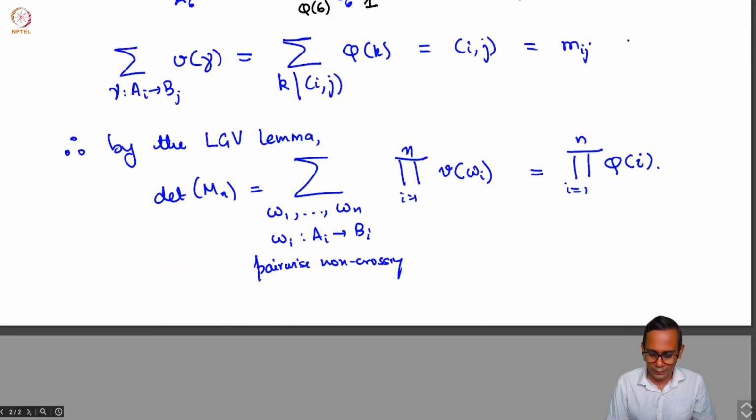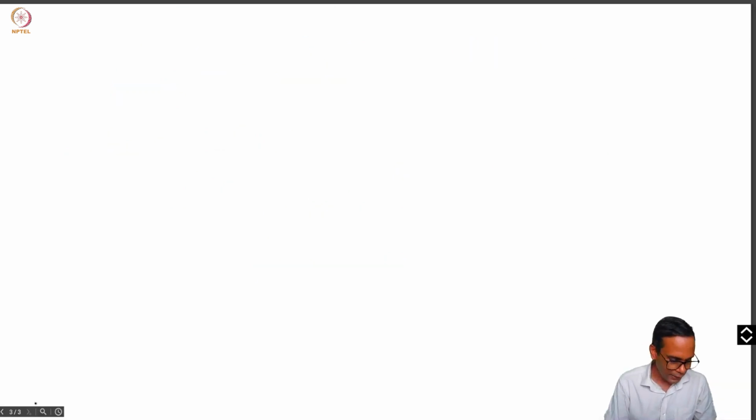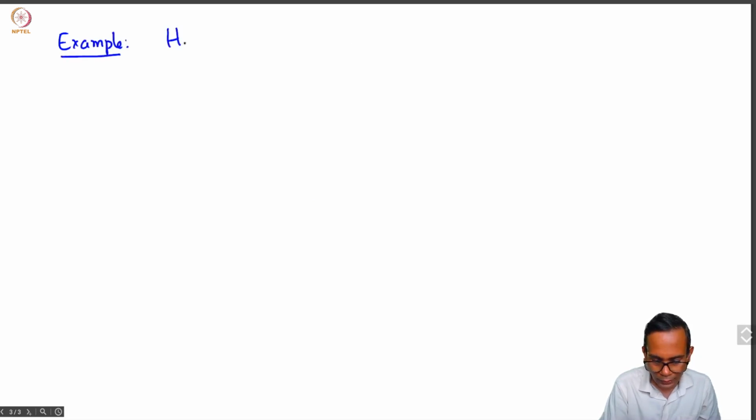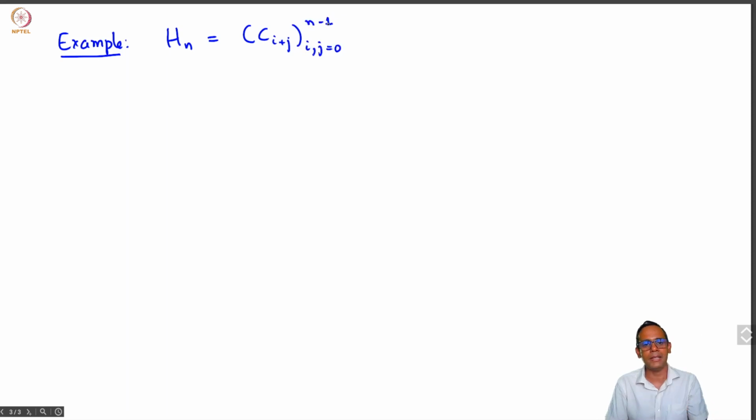Now let's look at another example, this time involving the Hankel matrix of Catalan numbers. Hn is the n by n matrix whose ijth entry is the Catalan number C_{i+j}. So we'll take i, j going from 0 to n minus 1. So the rows and columns here will be indexed starting with 0.